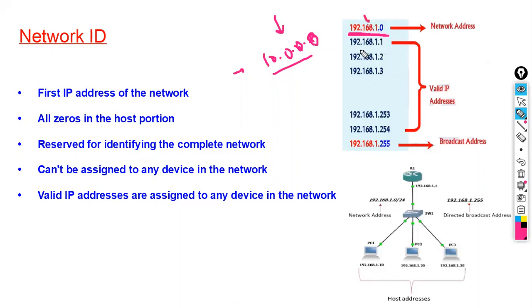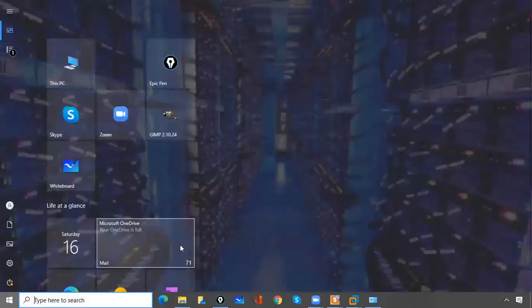So he will understand you are using 192.168.1.1, 1.2 till 1.254. So this network address is used to identify the complete network, and it can't be assigned to any device in the network. So let us try to assign this network address on my laptop.